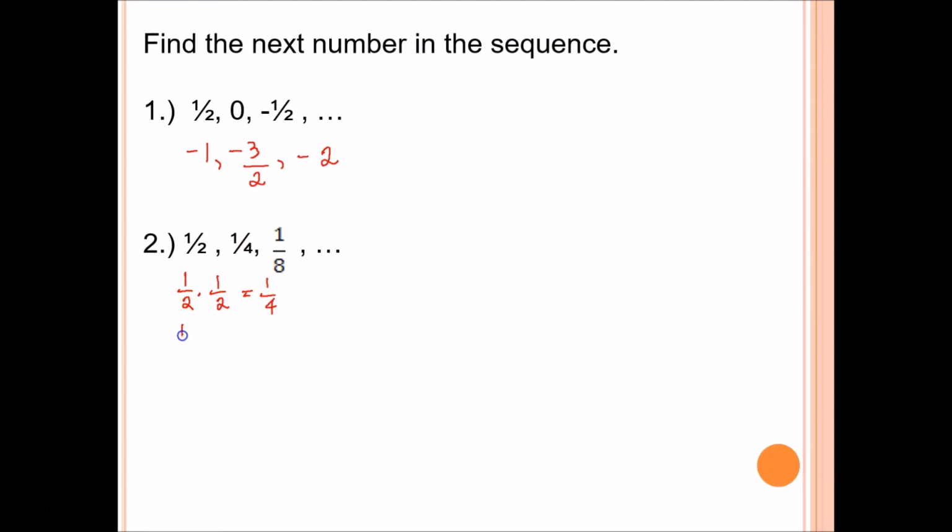And then the next one, 1/4 times 1/2 is 1/8. And then 1/2 of 1/8 is 1 over 16. If you want to proceed, 1 over 16, get 1/2 again, and that will be 1 over 32. And the sequence will just continue using the same procedure.